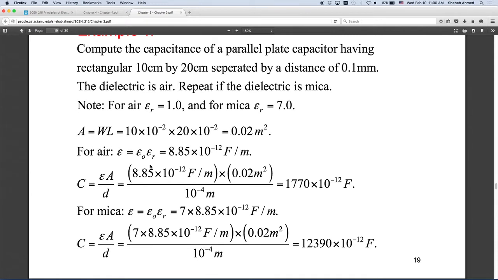So just substitute in the equation twice, and obviously in the case of mica, we have a much bigger capacitance. The reason is it has better electrical insulation properties, right? So if you're using materials with better insulation properties, for the same size capacitor, you can get a bigger capacitance. So, questions on this?